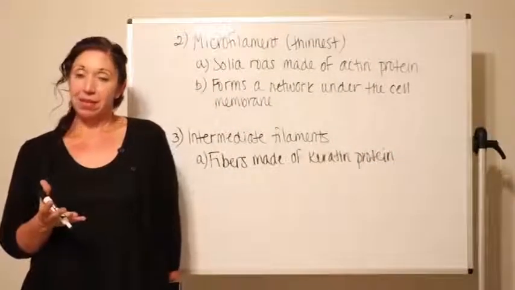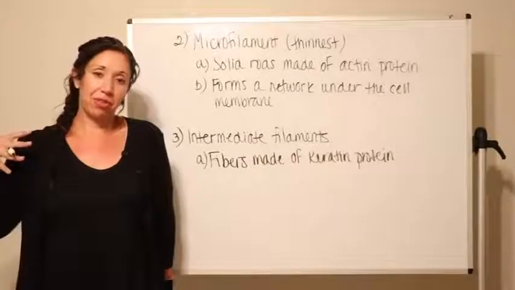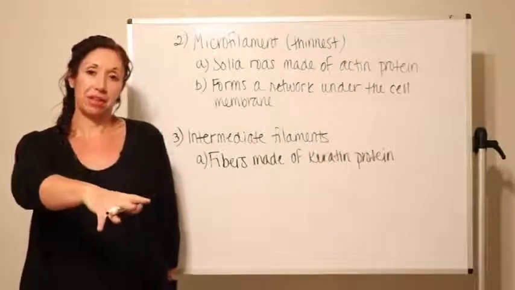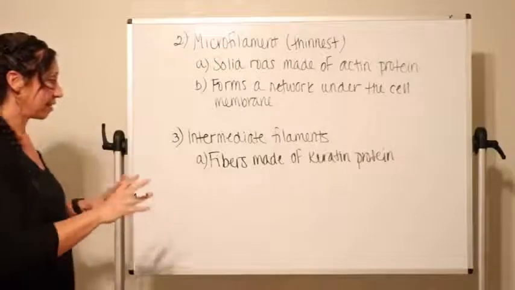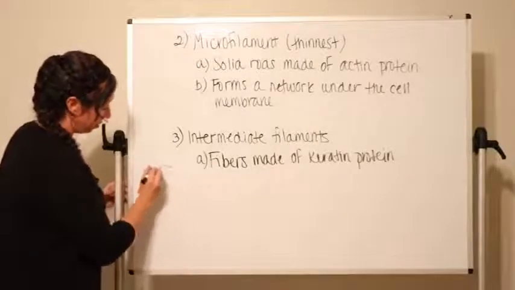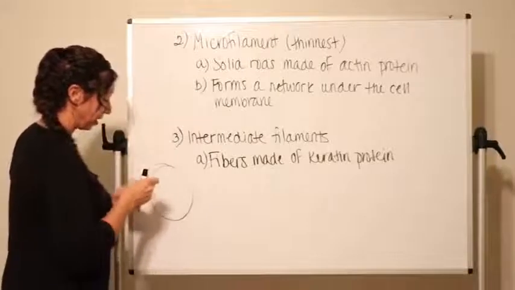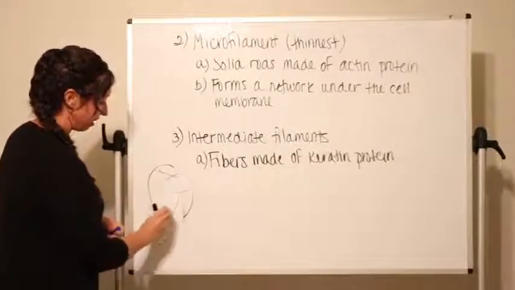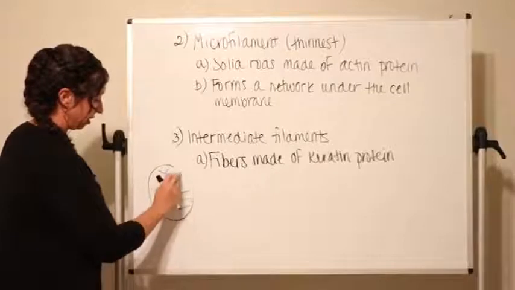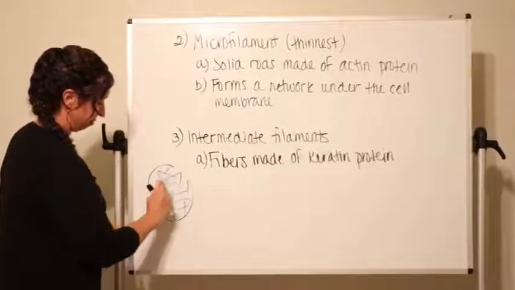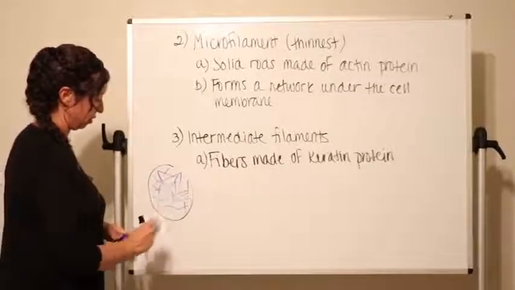I want you to think of these guys as extending throughout the framework of the whole entire cell. So if I'm looking at a cell, you can imagine keratin is just everywhere. It is like spaghetti everywhere, doing its thing.